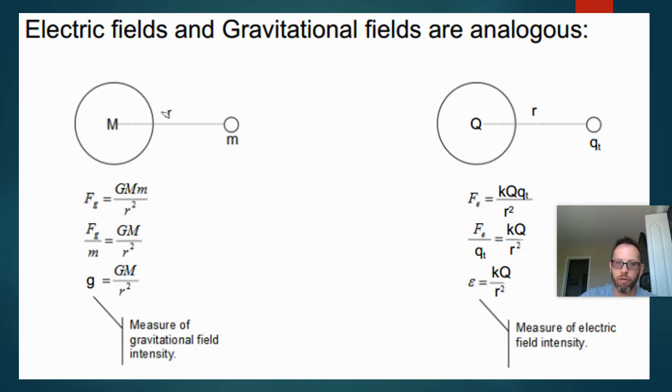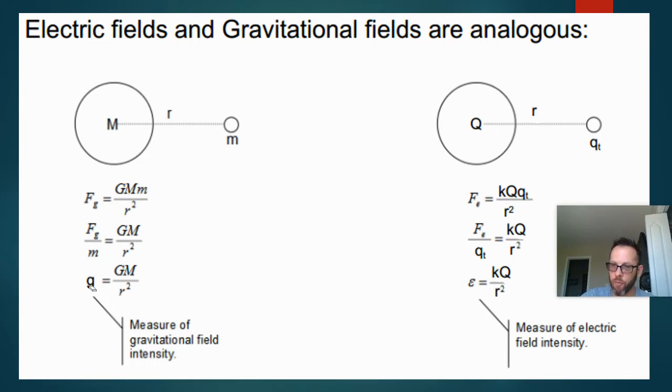With gravitational fields, we have some big mass M setting up a gravitational field. We bring some mass m close to it, R meters apart, center to center separation. The gravitational force is GMm over R squared. If we divide by little m, we get what we call the gravitational field strength.